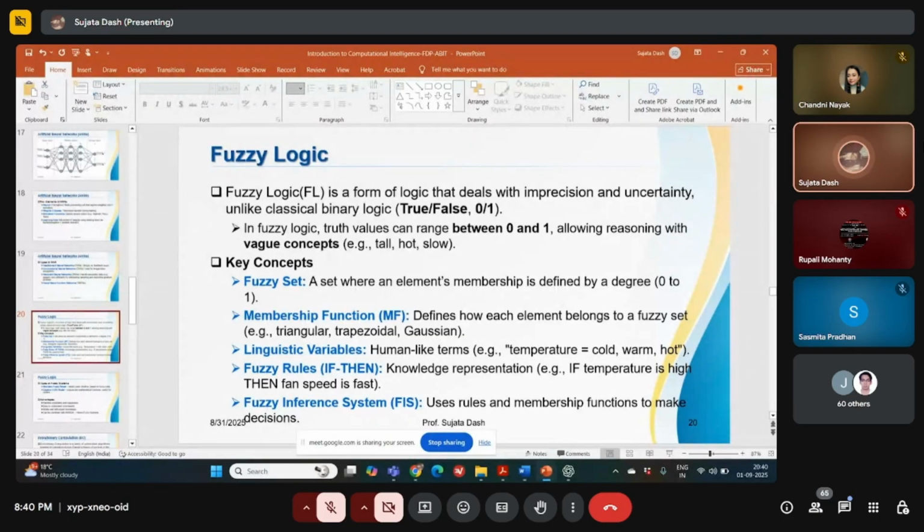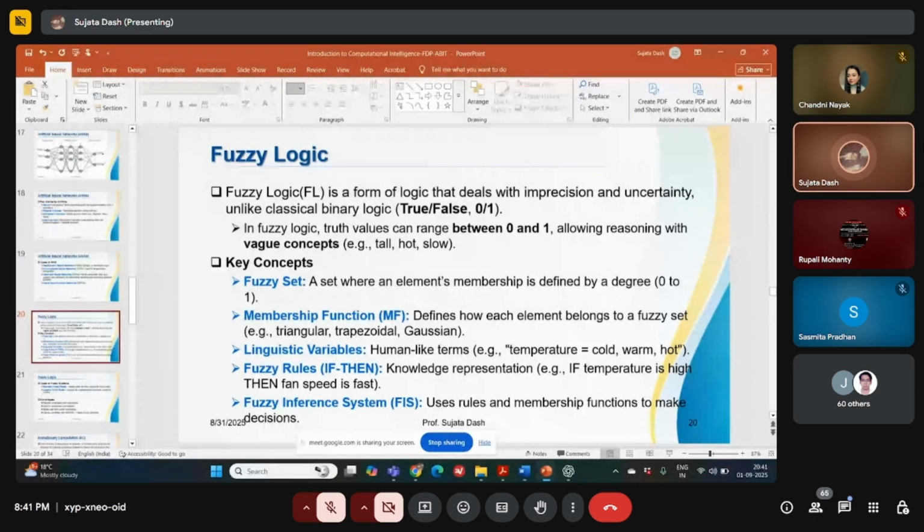Then the key concept of fuzzy logic is the fuzzy set. Unlike classical sets, fuzzy sets assign each element a membership degree, and the membership degree varies from 0 to 1. When it is 0, that element is not a member. But when the membership degree is 1, it is fully a member of the set.